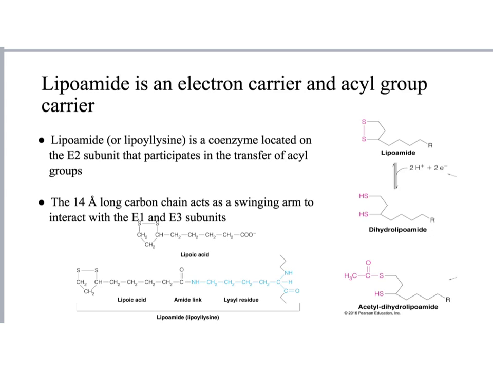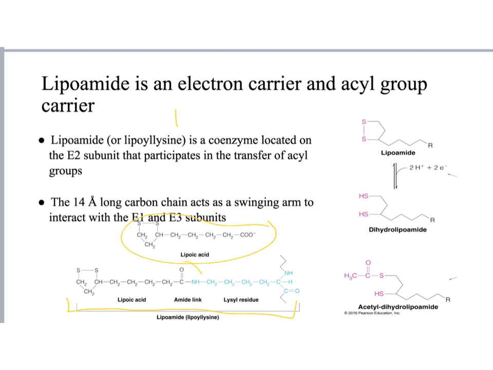Lipoamide is the swinging arm, and it comes from lipoic acid. Oh, there it is. And the reason it's the swinging arm is it's a really, really long structure that can reach between E1 and then swing to E2 and then swing to E3.